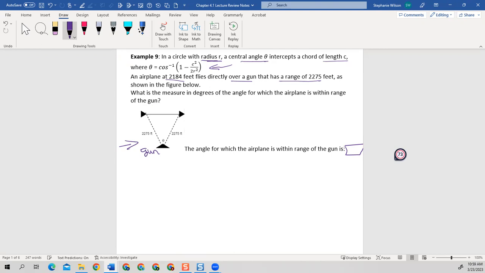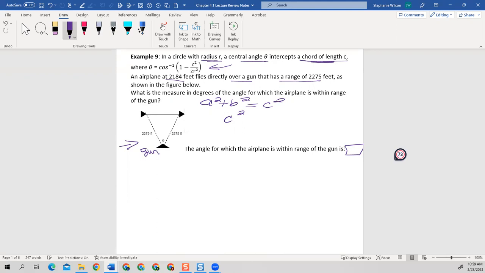So since we are talking about a triangle, let's use the Pythagorean theorem. We know that it's a squared plus b squared equals c squared. However, in this here, we're going to replace a, b, and c. We're going to let b be my chord, and in this case they called it c, right?